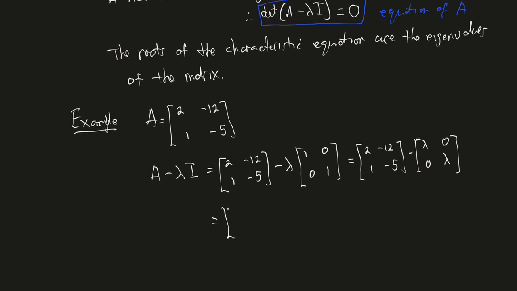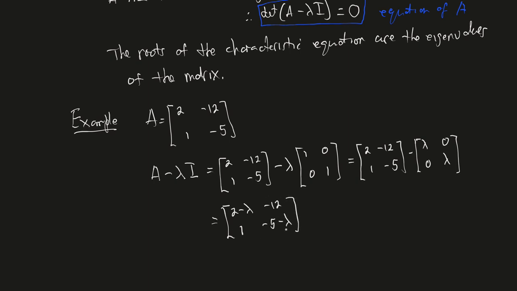So when we set up the A minus lambda I, we're just going to end up with our original matrix A, but on the main diagonal, we're going to subtract lambda. So we end up with 2 minus lambda, then -12, then 1, and then -5 minus lambda, right?